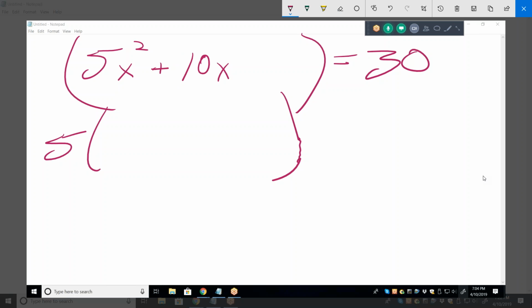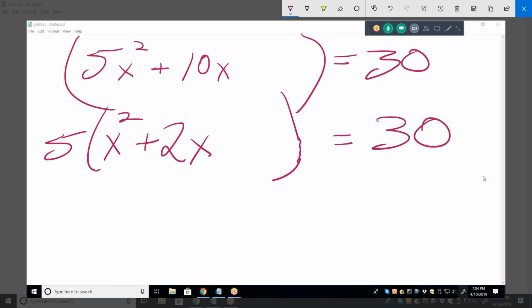But I'd be factoring out 5 even if that 10 was a 9, or an 8 or an 11 or anything else. 10 does not have to be divisible by 5 is what I'm trying to say. In this case it is. So we're left with this, right? Now finish it by completing the square.